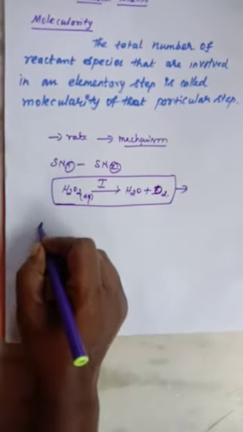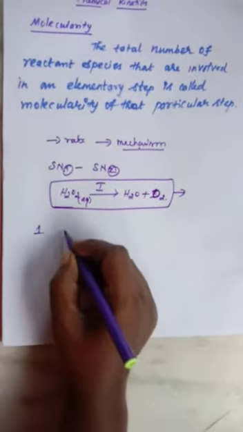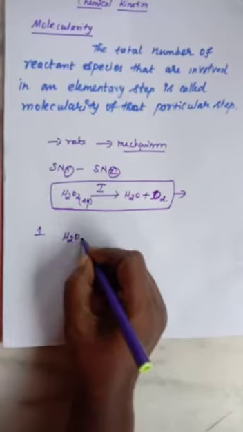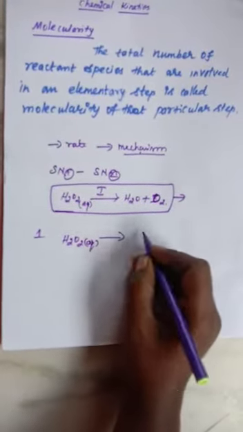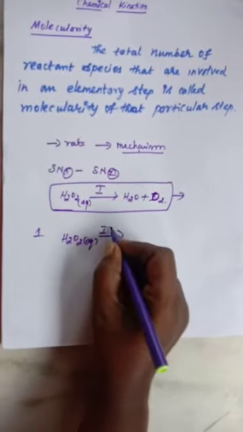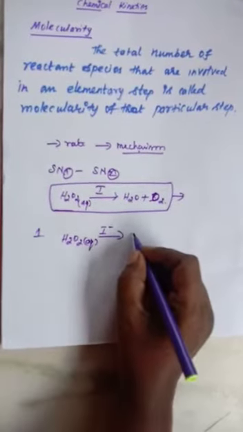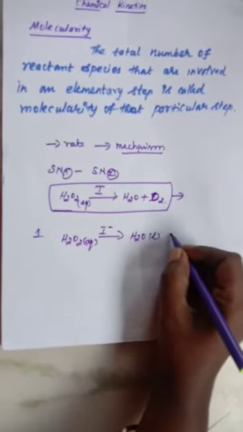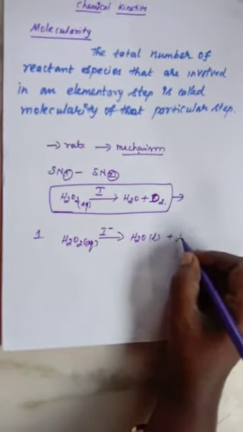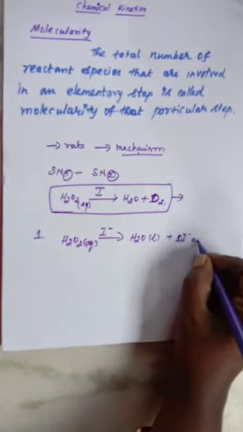In step 1, hydrogen peroxide in aqueous medium reacts with iodine, gives water molecule and OI minus.